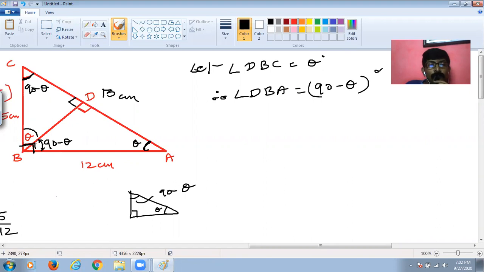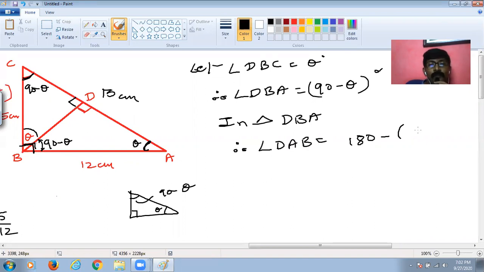Now once we finish this, we come back to this question, isn't it? So we are going to write it down in triangle DBA. Look at this. This is 90. This is 90 minus theta. So angle DAB is going to be 180 degree minus 90 minus theta.